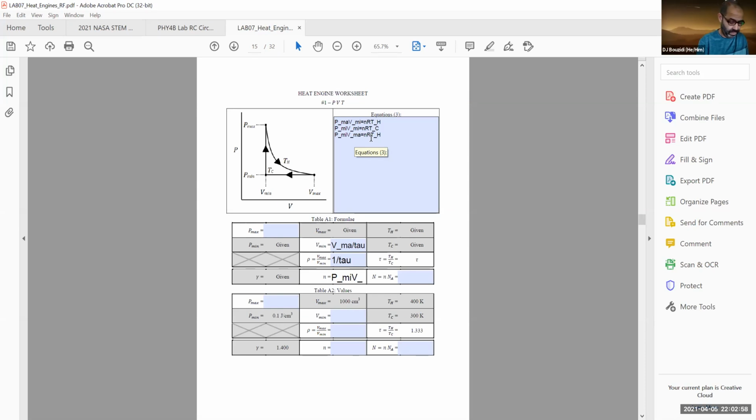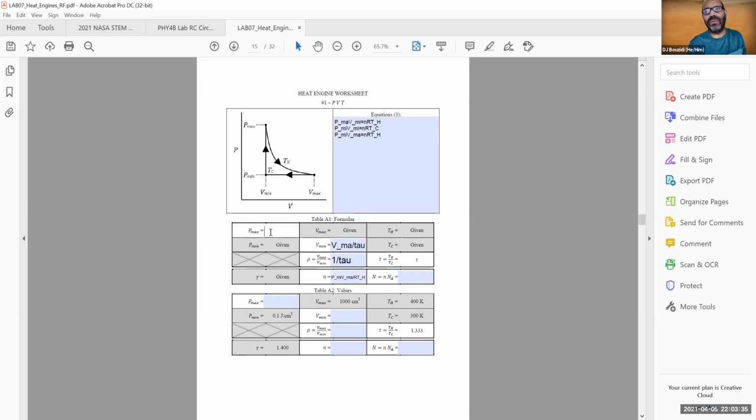Vmax is given here, Pmin is given here, and TH is given, and R is constant. So we should be able to use that to find what that expression is.